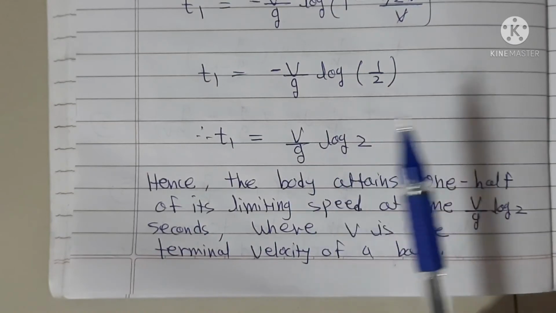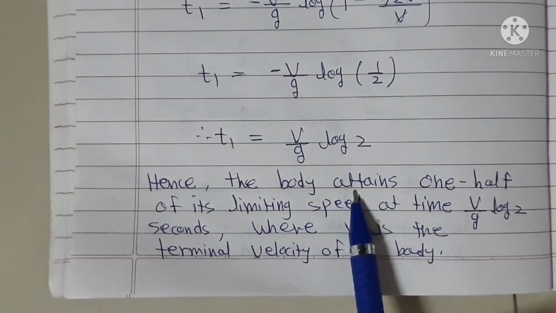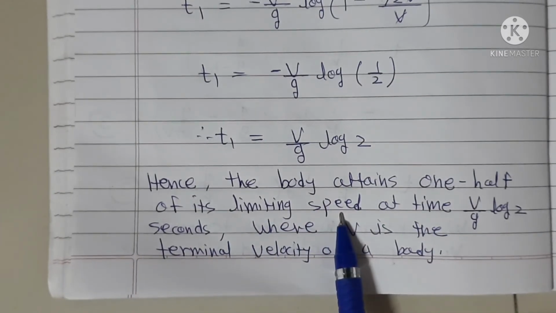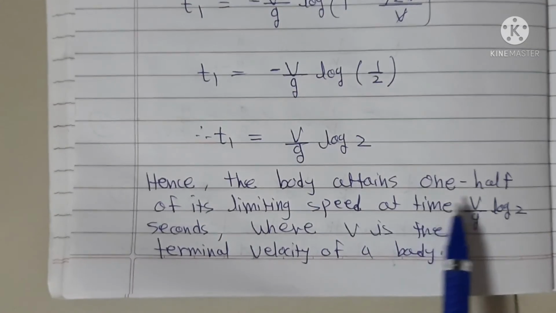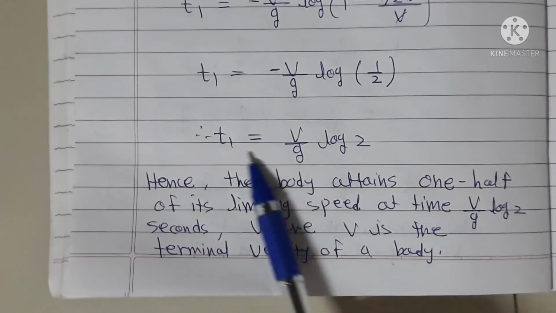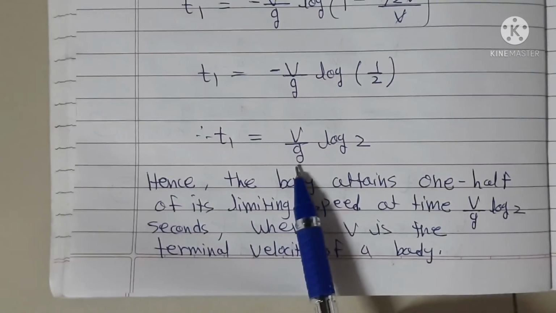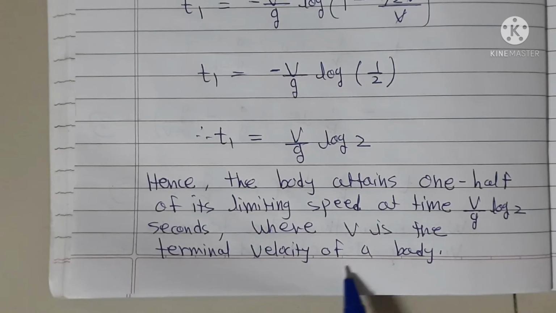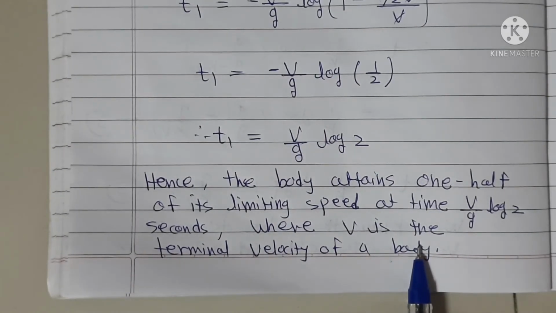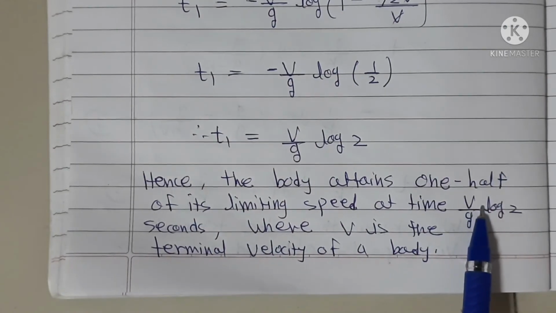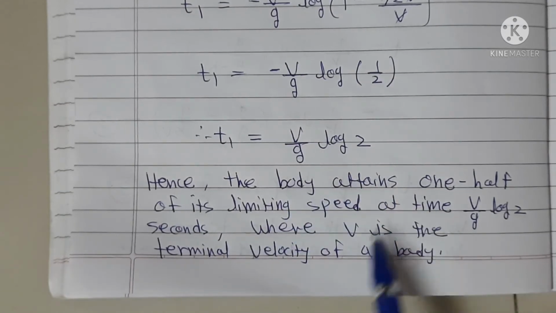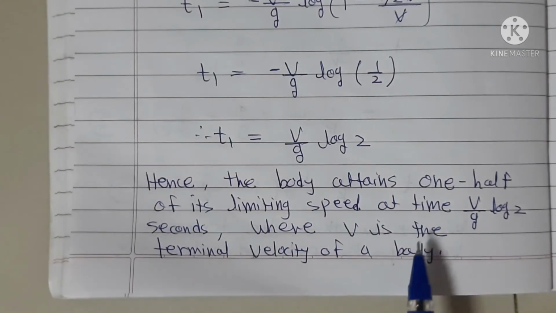Hence we can conclude that the body attains half of its limiting speed, whatever may be the speed at the initial point, at time V upon g log of 2. Here the final time taken is V upon g log of 2 seconds, and V is the terminal velocity of that body. Hence we have proved it here.